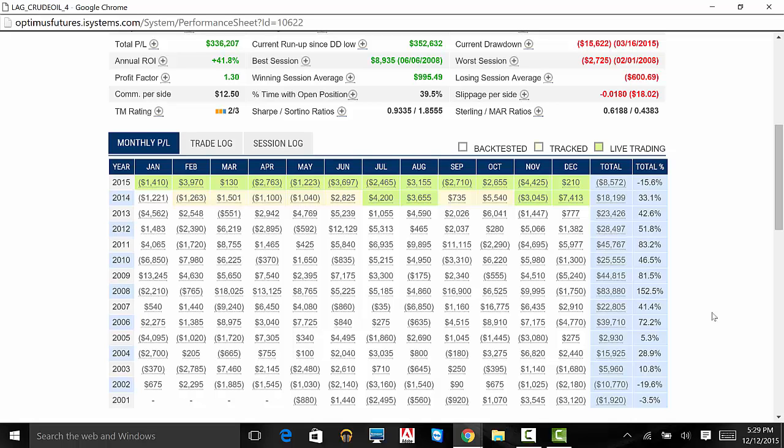You could look at the results here and get very excited, but at the same time, you should also examine the losing months that occur in the system. It gives you a realistic view of the system.